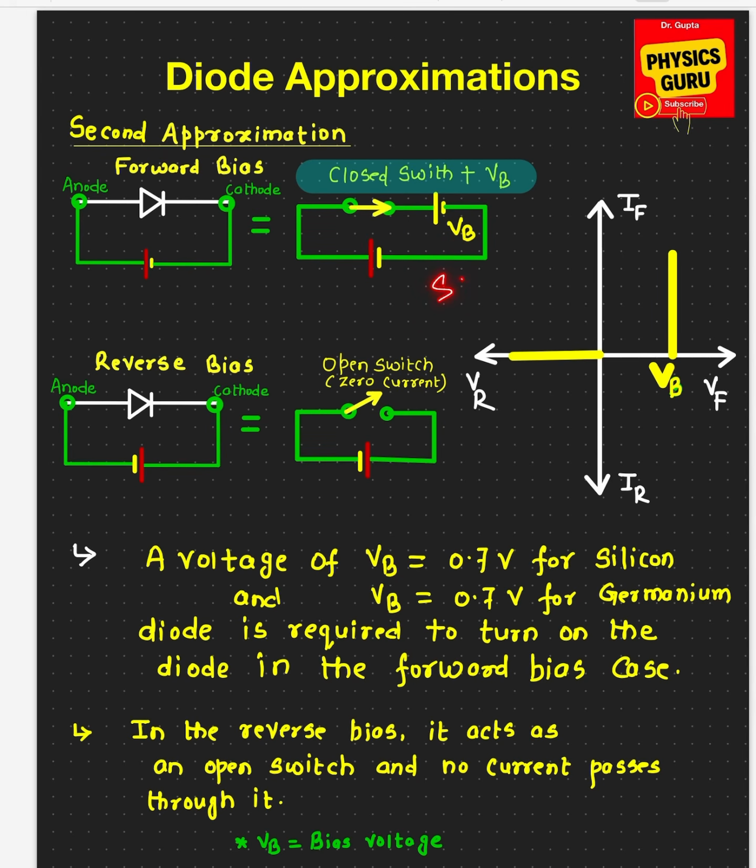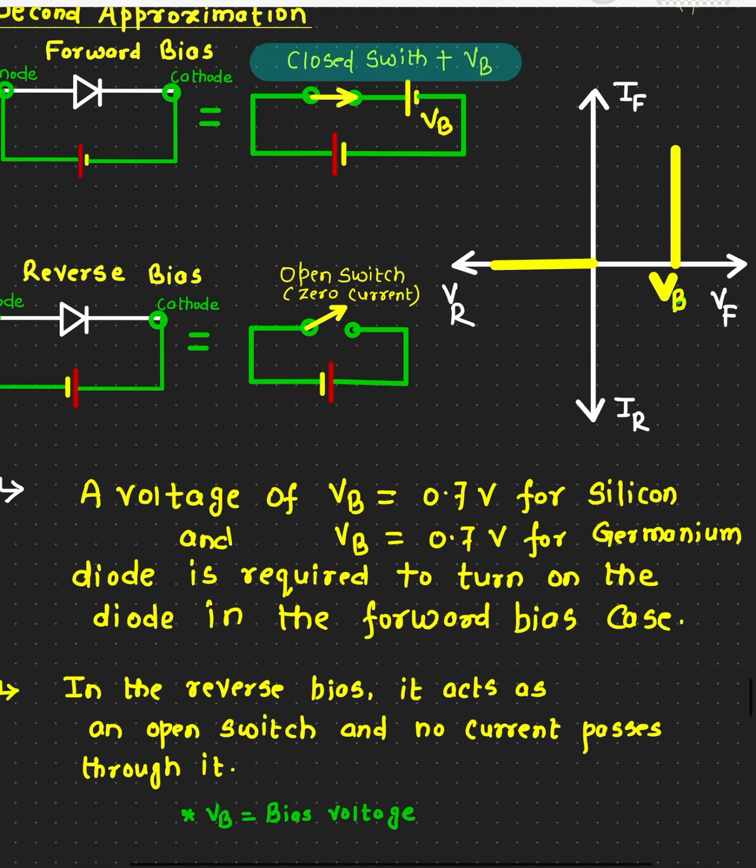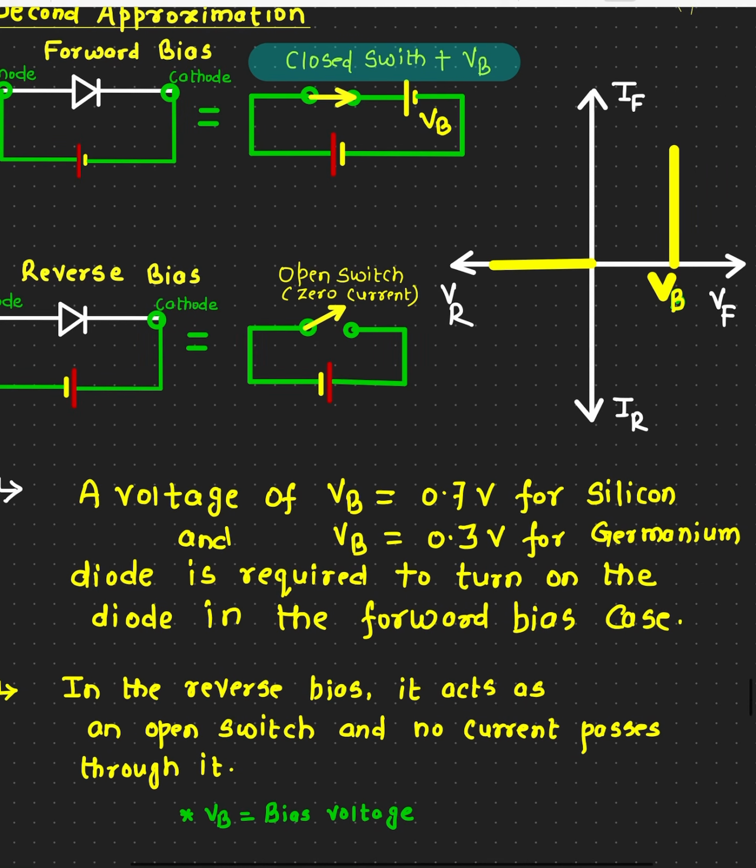For the silicon diode, the voltage is 0.7 volt. And for the germanium diode, it has to be 0.3 volt. Let me correct that here, 0.3 volt.